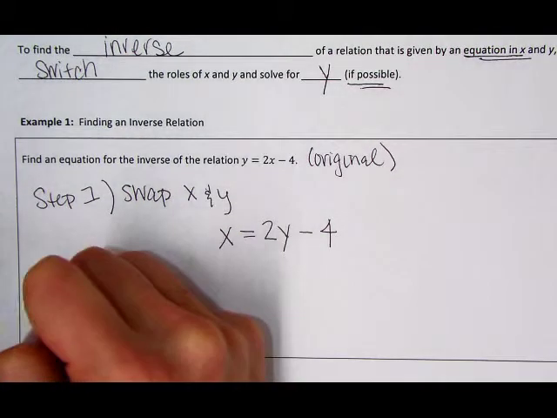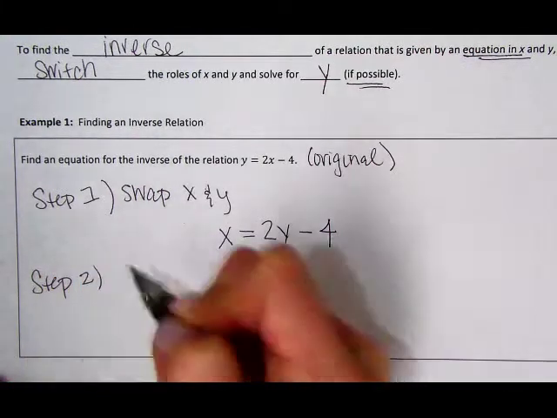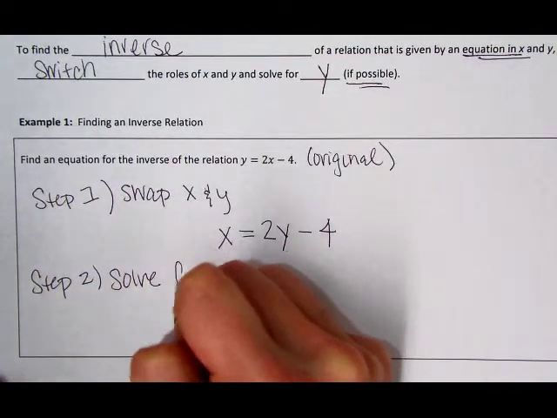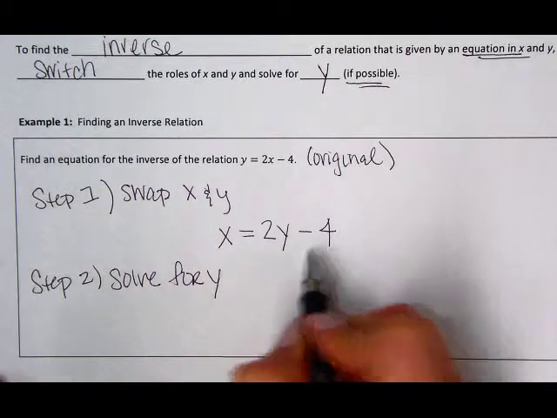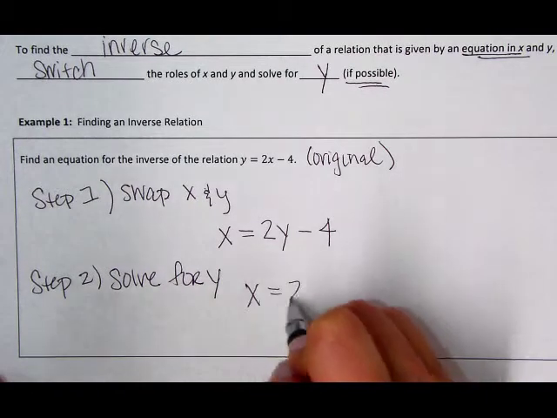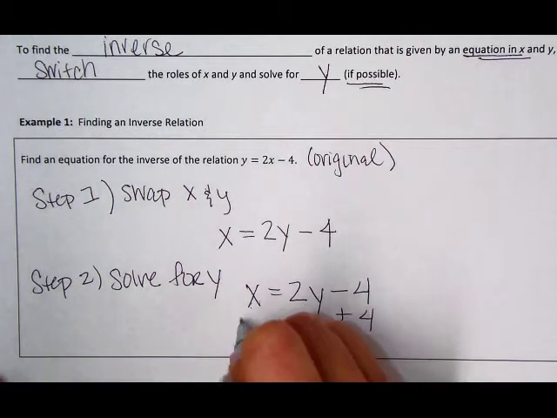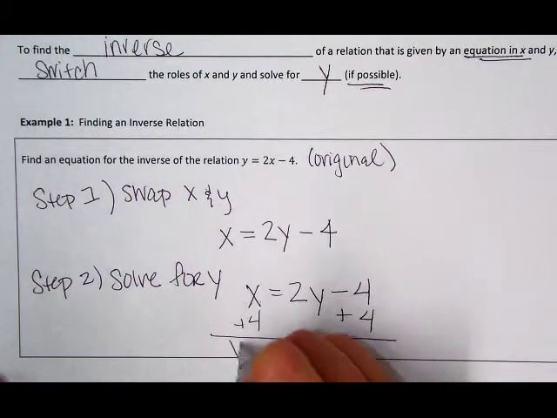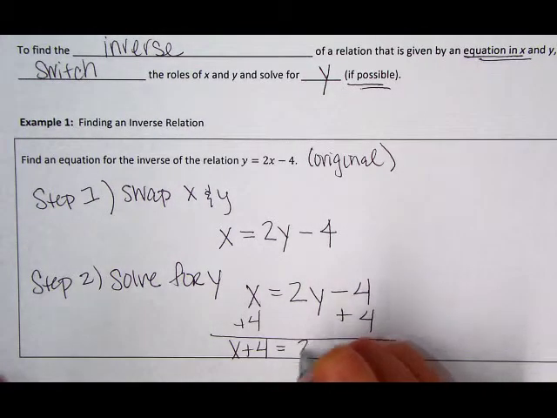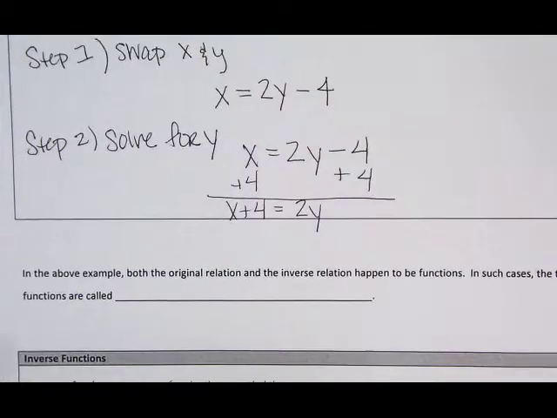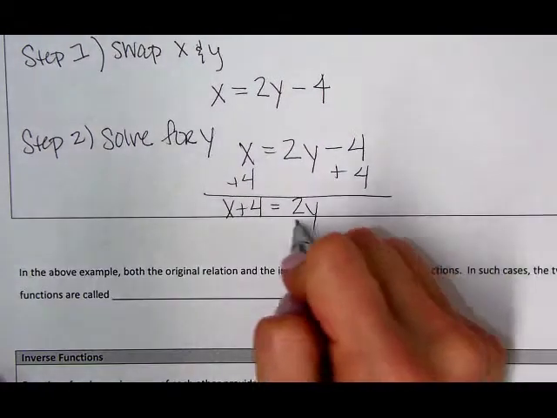And then step 2 means we're going to solve for y. So if we solve for y, x equals 2y minus 4. I'm going to add 4 to both sides, so I get x plus 4 equals 2y. Just like I did in my warm-up, I'm going to divide both sides by 2.